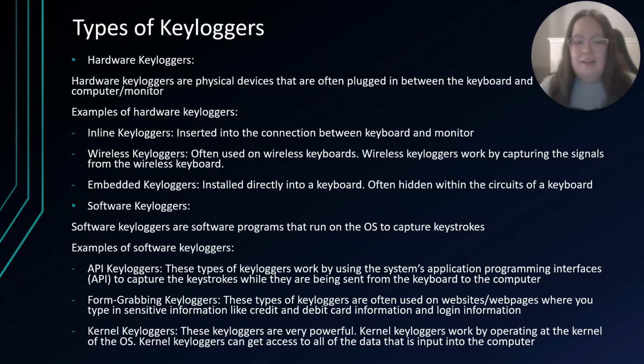Kernel keyloggers are really powerful just because they take advantage of the kernel of your operating system, and they can get access to a lot of the data that is input into your computer. A lot of times keyloggers can be downloaded by accident and you don't even realize it, from phishing emails and things like that, so they can be pretty dangerous.